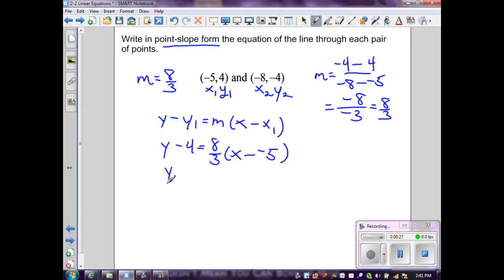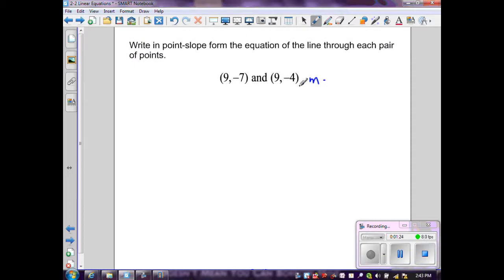Then we simplify. y minus 4 equals 8/3 x plus 5. At this point, we have put the points into point slope form. If we were asked to put it in standard form, we'd further simplify and place it in standard form.